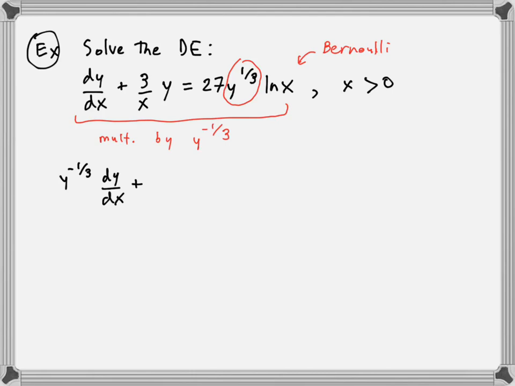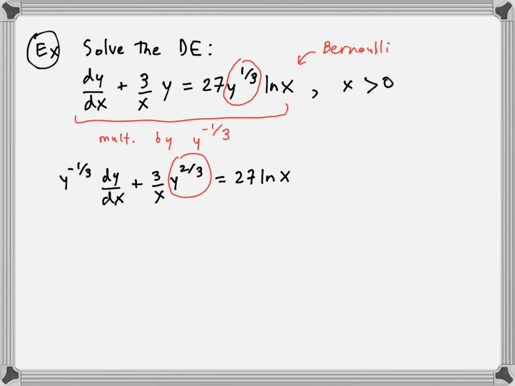Well, you get 1 minus 1/3, that's 2/3. So it's going to be 3 over x times y to the 2/3, and then the last term becomes 27 natural log of x. Okay? So in this case, what you always do, remember, is you let u equal this.